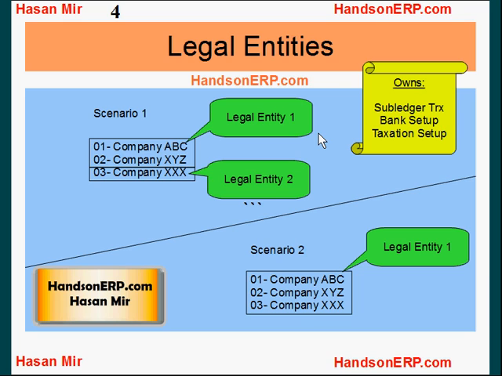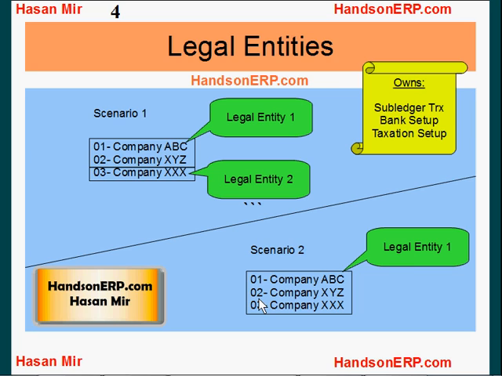So in the eyes of government, balancing segment values 1 and 2 is one company, but for our management purposes we are keeping their books separately, so we have represented them as two different companies. Or it could be a case that you have multiple companies in your enterprise for which you want to keep books, but in the eyes of the government the whole ledger or the whole container that is containing journals is one legal entity.